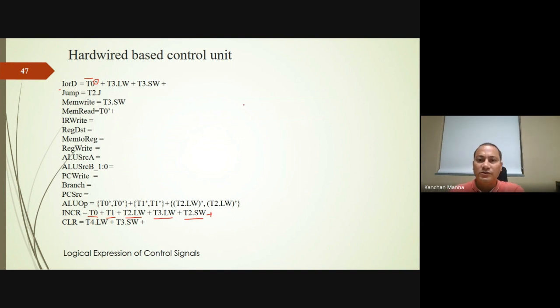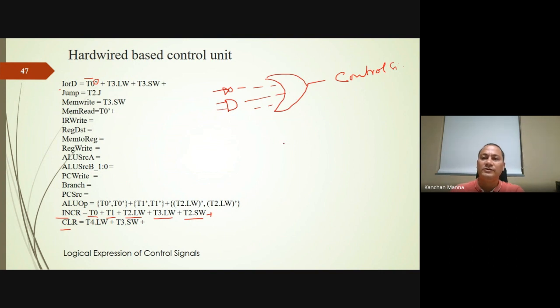The structure of the circuit would be AND gates or NOT gates, followed by a wide OR gate. So that would be the circuit, and here it will be the control signal, and here it will be the signal from the decoder, or maybe from the output of the controller, for generating the clear and increment signals.